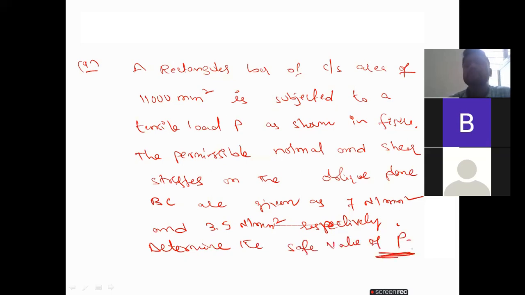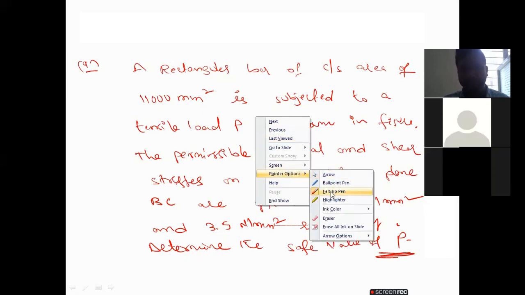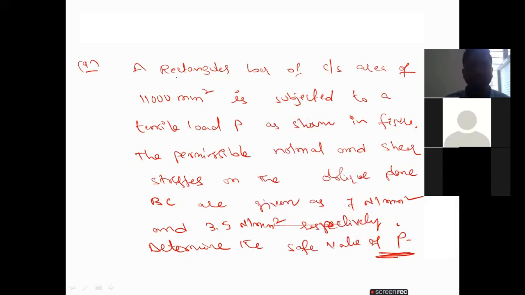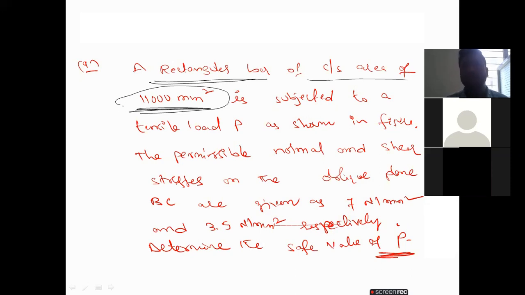So now, my dear students, please look into this problem. They have given a rectangular bar of cross-sectional area of 11,000 mm square, subjected to a tensile load, that is P, as shown in the figure. Anyway, I will draw the figure also.